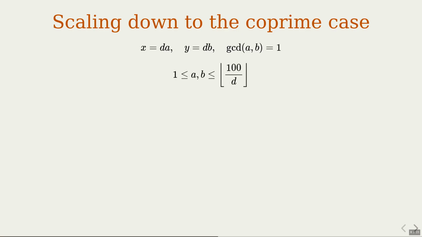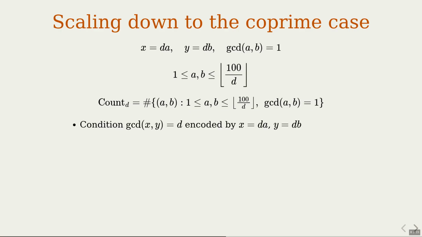Because x and y are between 1 and 100, the new variables a and b must lie between 1 and the floor of 100 divided by d. So the number we want, really, is just the number of coprime pairs a and b inside that smaller square grid of side-length floor of 100 divided by d. The change of variables from x and y to a and b makes the fixed greatest common divisor condition completely explicit.